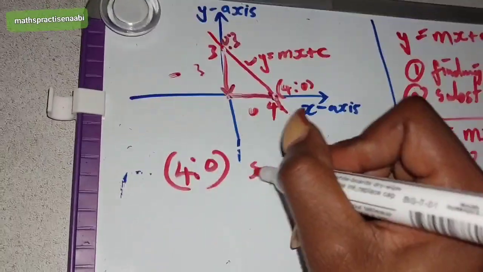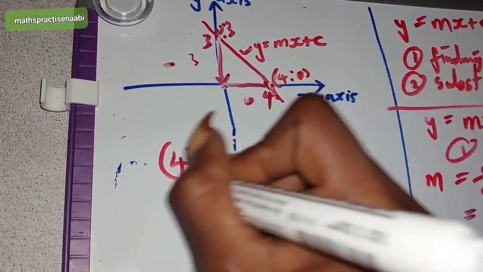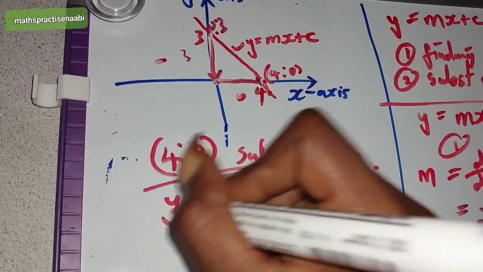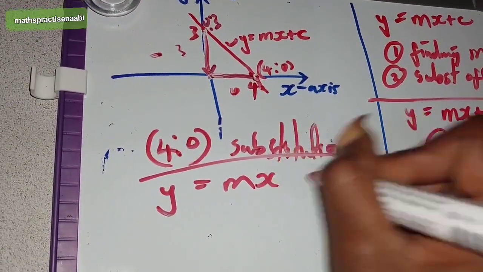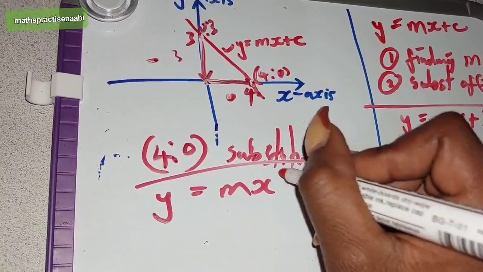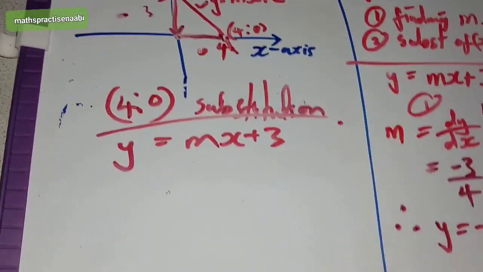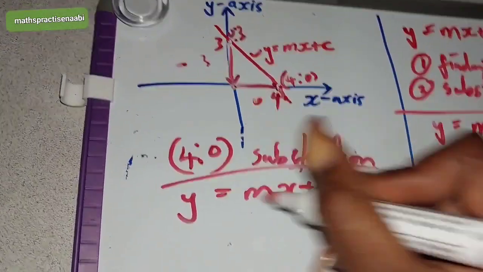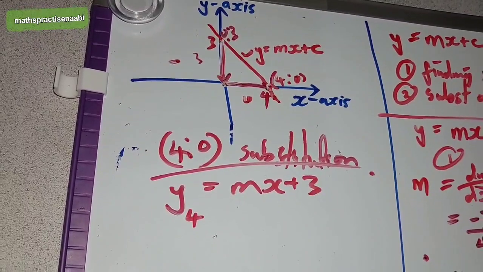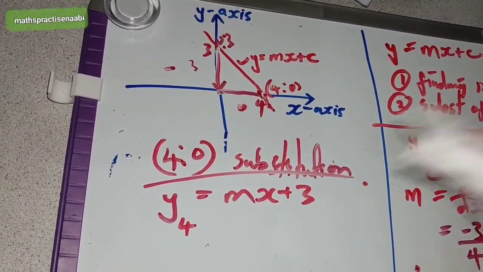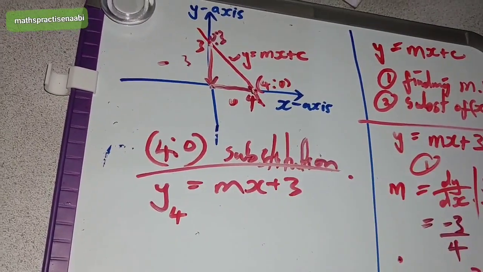By substitution, y is equal to mx plus 3. Okay, so y is 4. I'm sorry, let's use a coordinate that doesn't eliminate m.